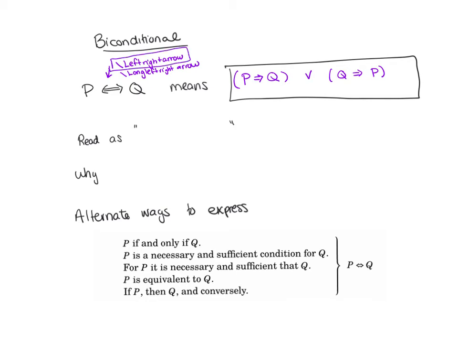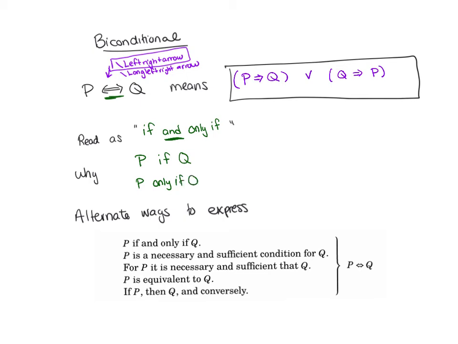All right, so how do I read this statement? We've mentioned this a few times, right? We're going to call this double arrow an if and only if. And let's think about why we call it that. If I break down the and, it's like I'm saying P if Q, and P only if Q, right?